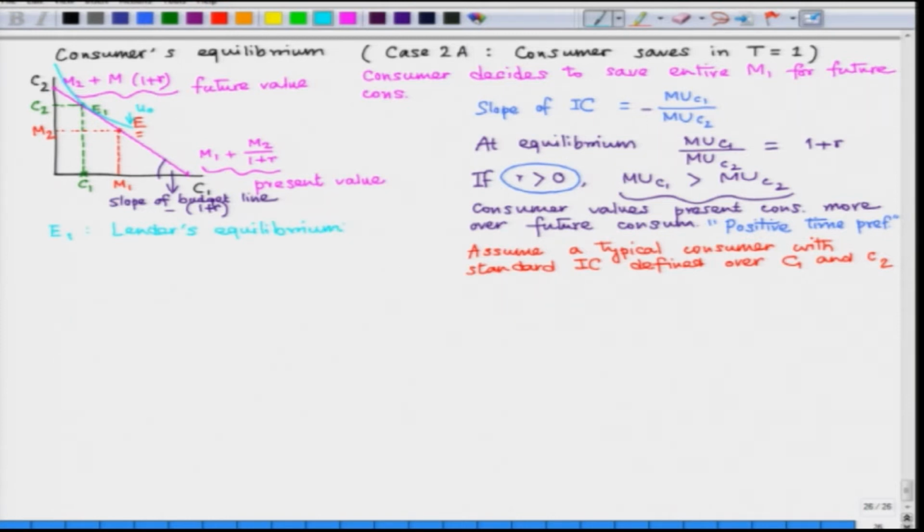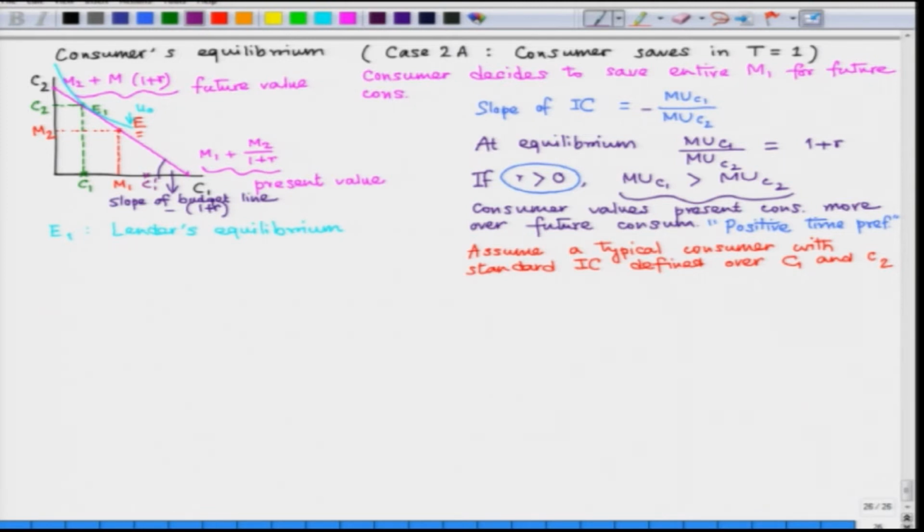Now, let us continue with the discussion for a borrower. So, now we are going to assume that the consumer has borrowed some money. So, that means his or her consumption point in period 1 shall be above M1, and let me assume that is C1 prime here. So, if that is the case, again we have to follow the same procedure.